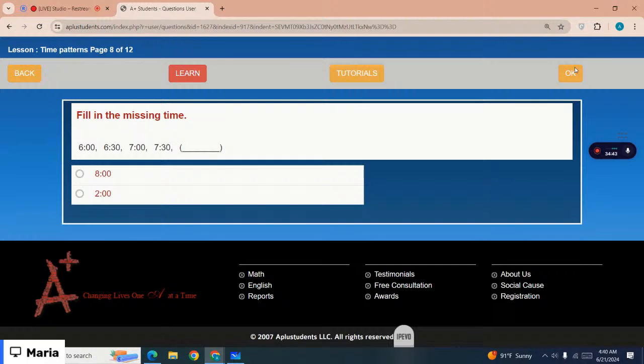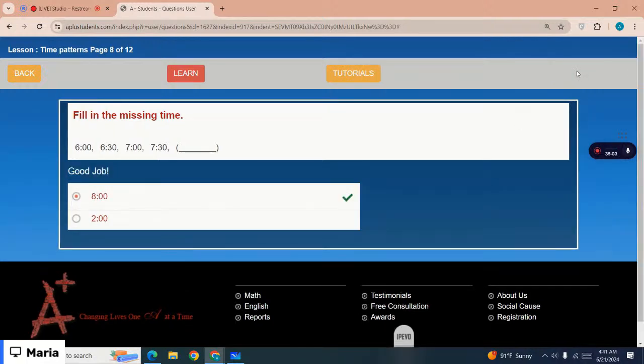Fill in the missing time, which is the correct option. Eight it is. Option number 1 is the correct option.